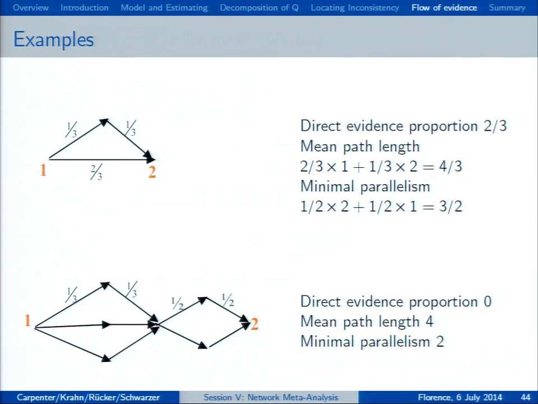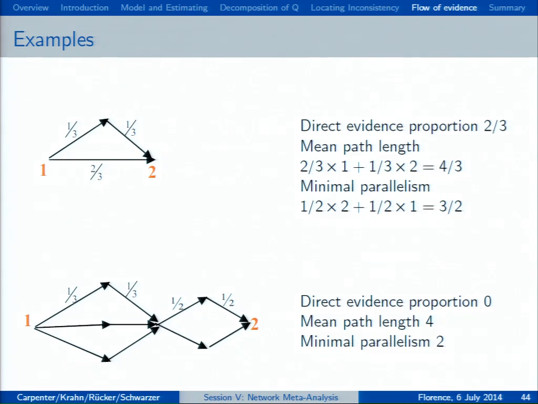I want to explain this on two simple examples. For the direct evidence proportion, we have a network of 3 treatments, and we look at the network estimate of the comparison between treatment 1 and 2. The direct evidence for this is 2/3, and 1/3 is estimated by the indirect evidence.